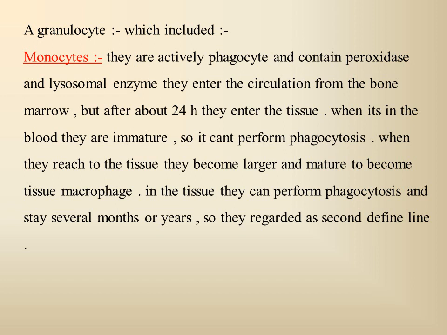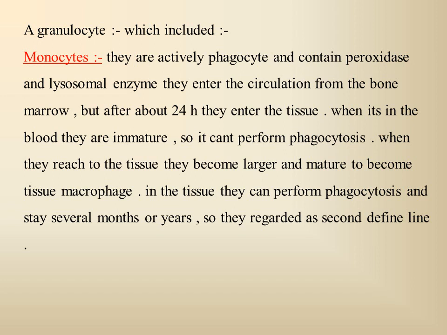They enter the circulation from the bone marrow, but after about 24 hours they enter the tissue. So it is more powerful than the neutrophil after 24 hours because it is immature in the blood but matures in the tissue, and is considered the second defense line.